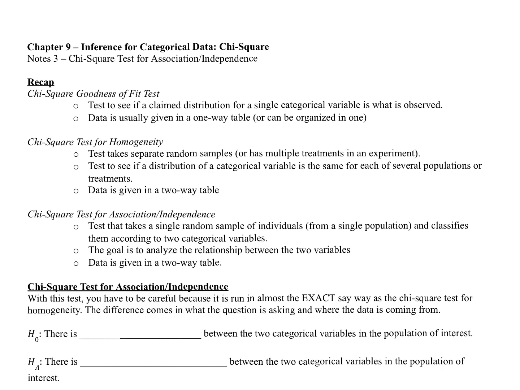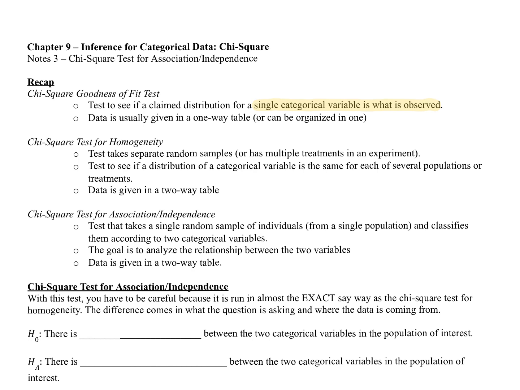In section 3, we are going to look at our last test for chi-square, and that's the test for association/independence. So far, we've talked about the chi-square goodness of fit, which is used to determine if a claimed distribution for a single categorical variable is what is observed.